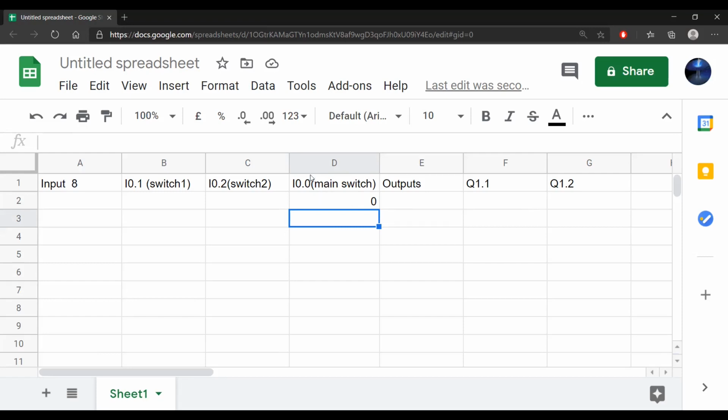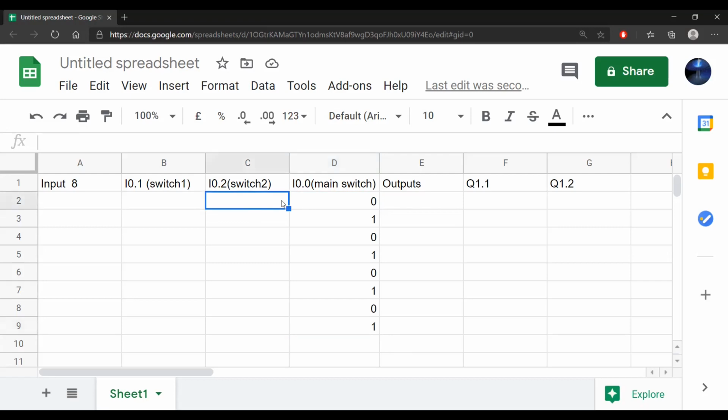For example, if I start from input I0.0, I cannot just jump to input I0.1. I have to next do input I0.2. Okay, so we go 0, 1, 0, 1, 0, 1, 0, 1, and that's it. The one thing to really look out for is that you start with a 0 and you must end with a 1.